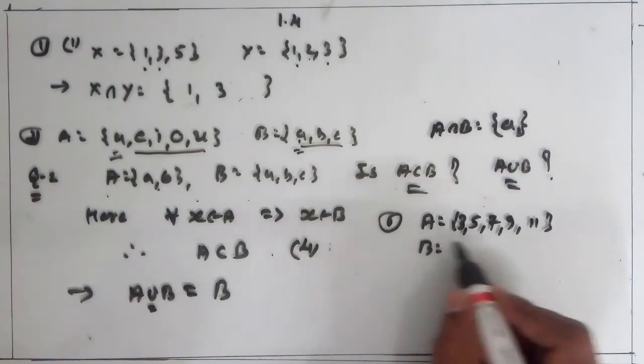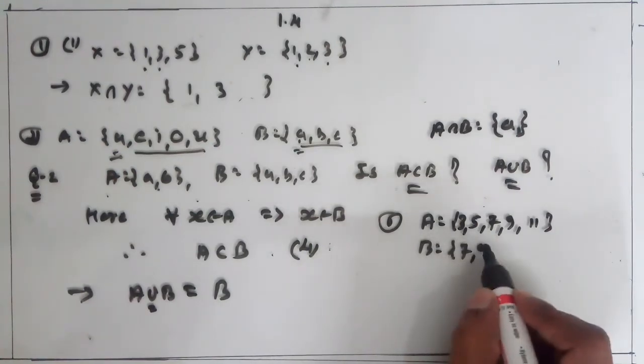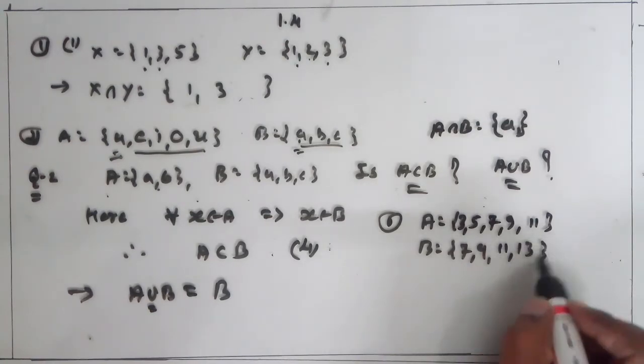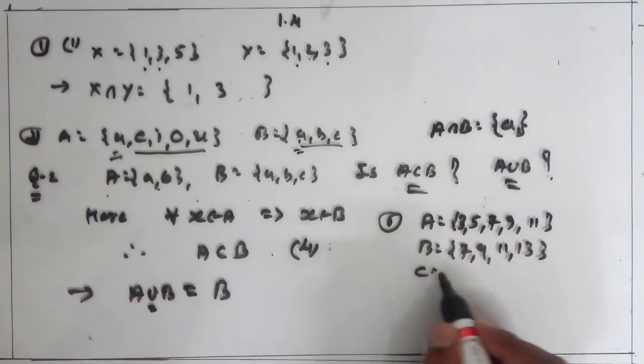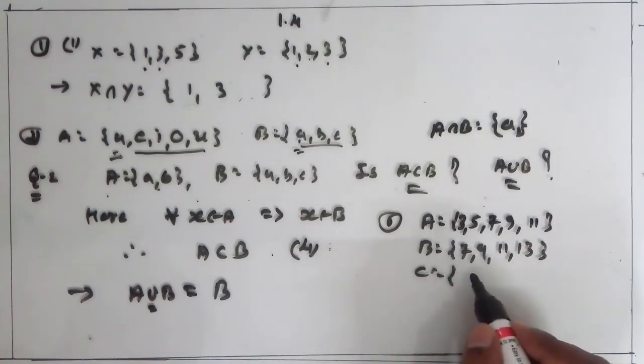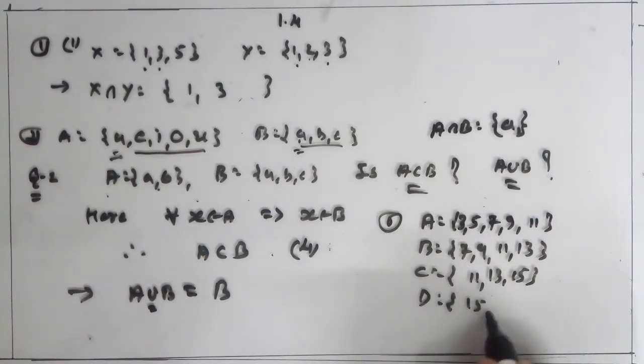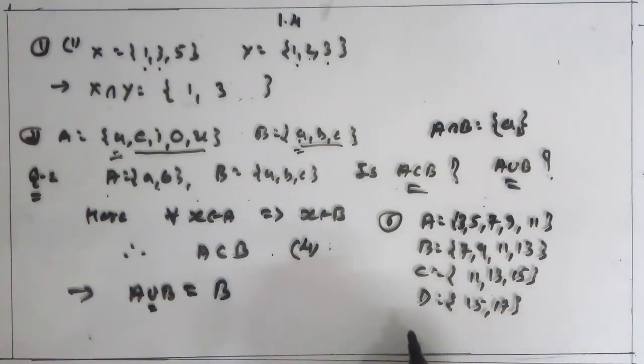B is equal to {7, 9, 11, 13}, and C is equal to {11, 13, 15}, and D is equal to {15, 17}. Find A intersection B first. Think how to find this intersection of A and B.